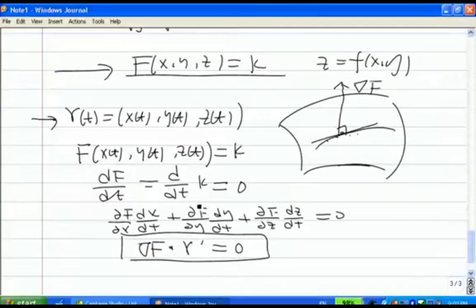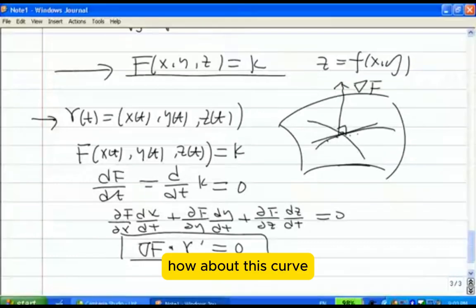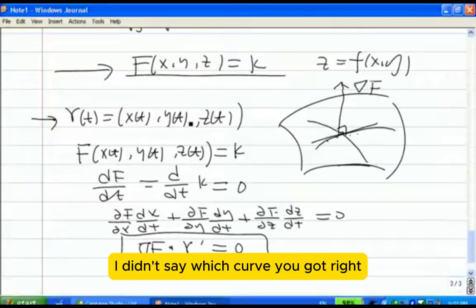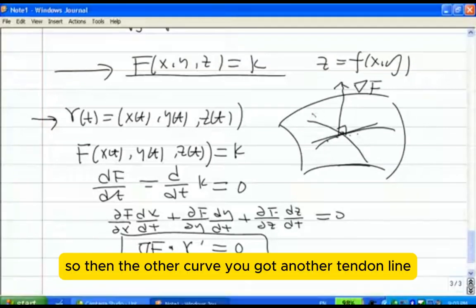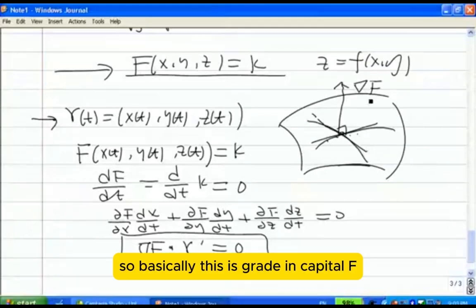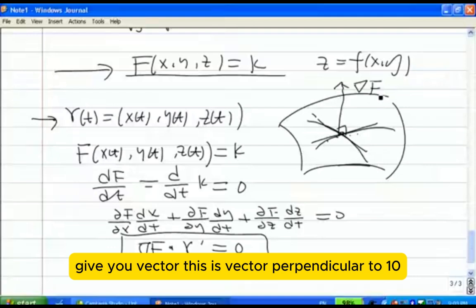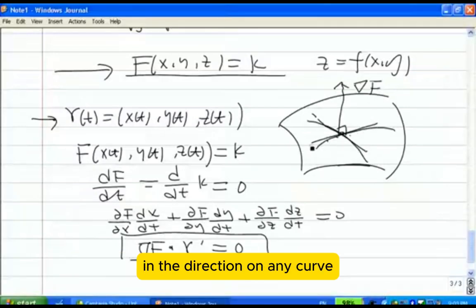So how about this curve? I didn't say which curve it is. It can be any curve on the surface, and for another curve you get another tangent line. So basically this gradient F gives you a vector perpendicular to the tangent direction of any curve on that surface.